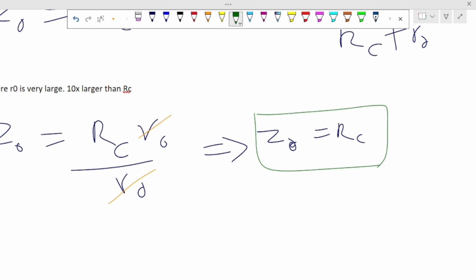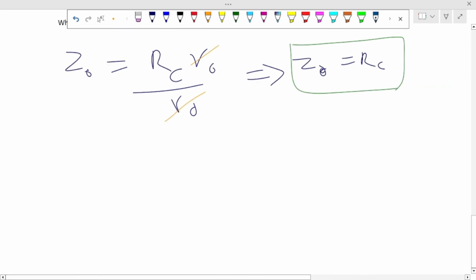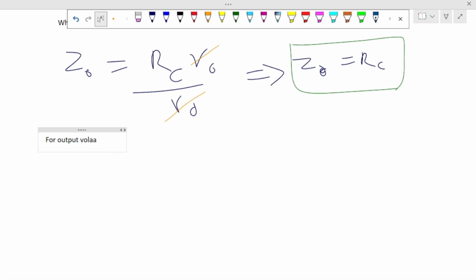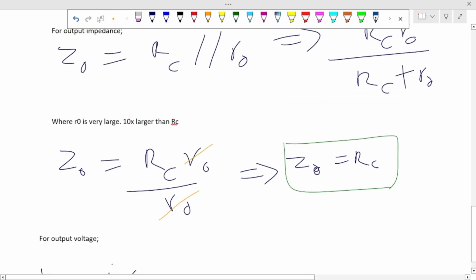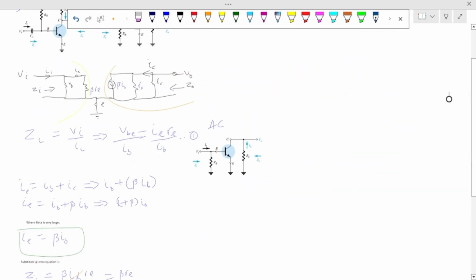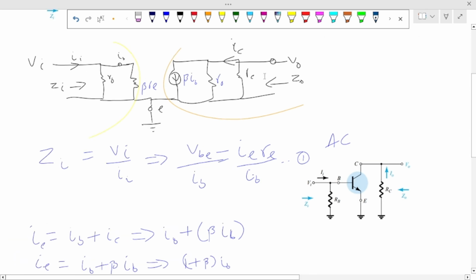Next is our output voltage. VO equals, recall, voltage is I times R. So what's the I in this network?